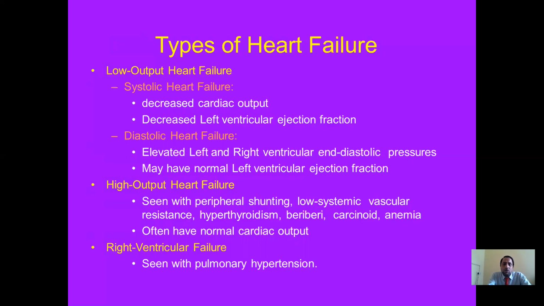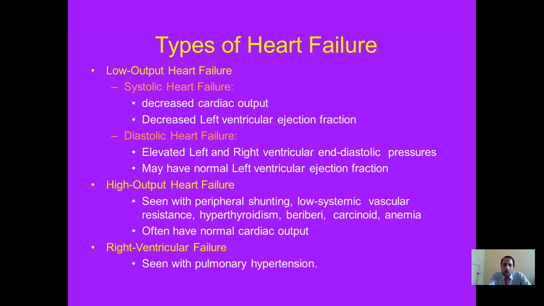Now, if we talk about high output heart failure, peripheral shunting, low systemic vascular resistance, hyperthyroidism, beriberi, and severe anemia are the conditions which produce high output heart failure, and it may have normal cardiac output.